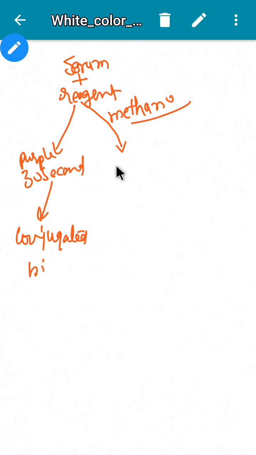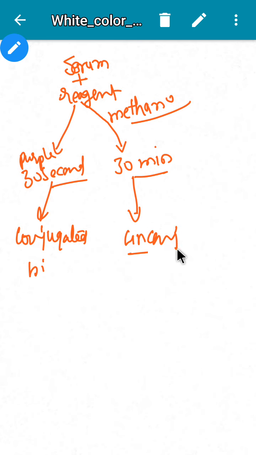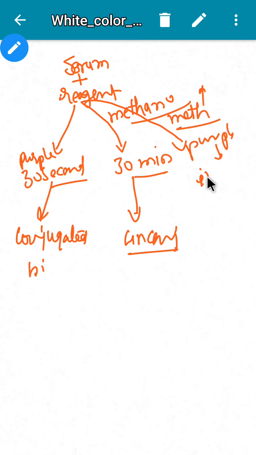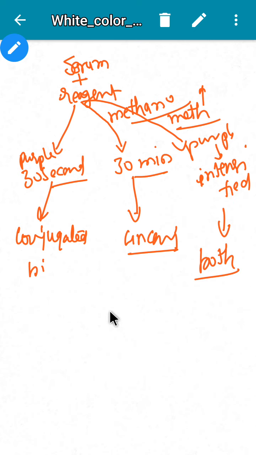After addition of methanol, we got purple color within 30 minutes. Remember, it is seconds in one case, whereas it is minutes in the other. Then that is due to unconjugated bilirubin. In the third case, we got purple color, but after addition of methanol, the color intensified. That is due to both conjugated and unconjugated.